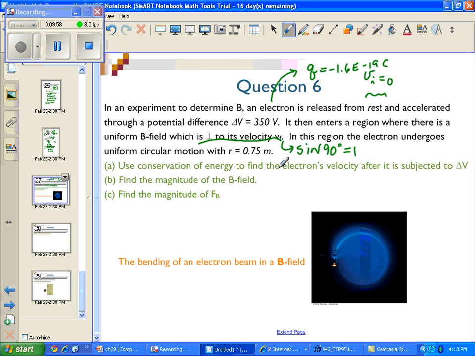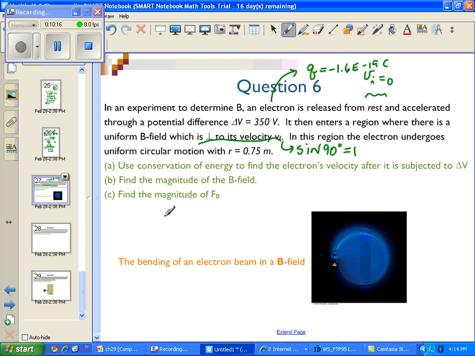And the first thing we're asked to do, and here you can see a little particle track of this electron, is, using conservation of energy, determine the velocity of the electron once it is subjected to the value delta V.